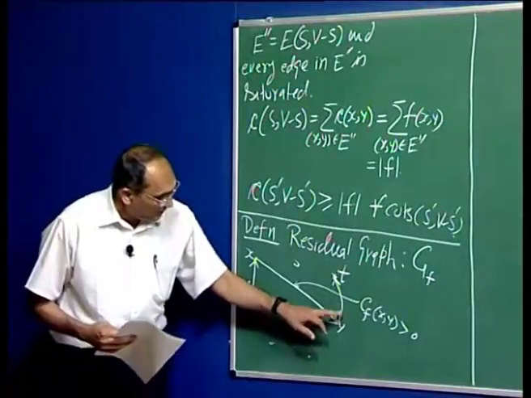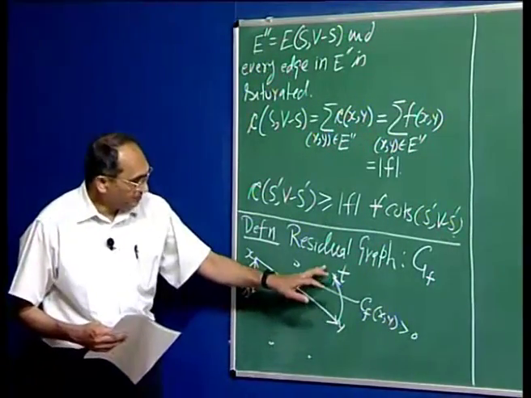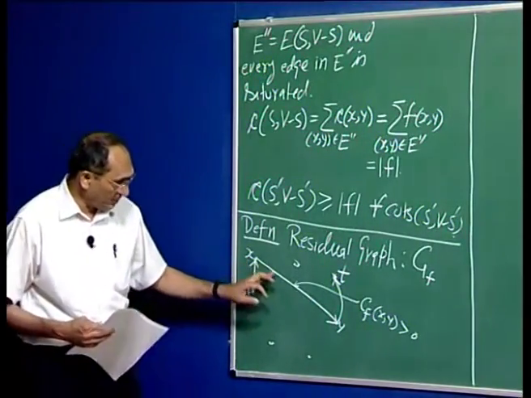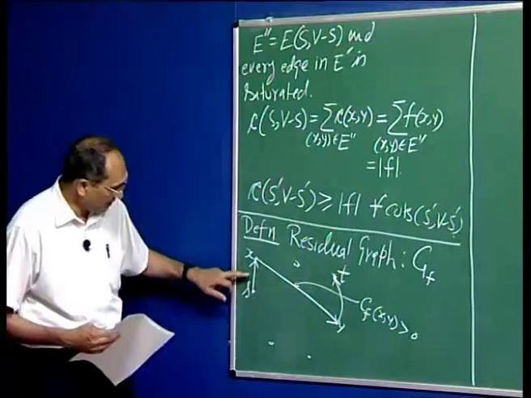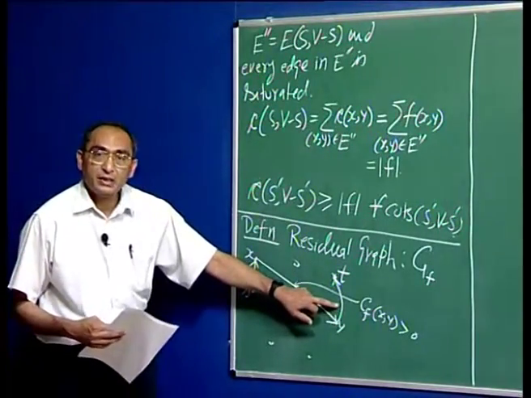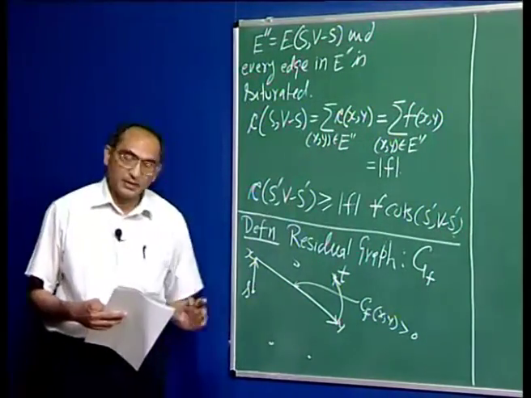Then on this path there is a minimum positive residual capacity, because there is some positive residual capacity alpha 1, alpha 2, alpha 3, and say alpha is the minimum of all those capacities.